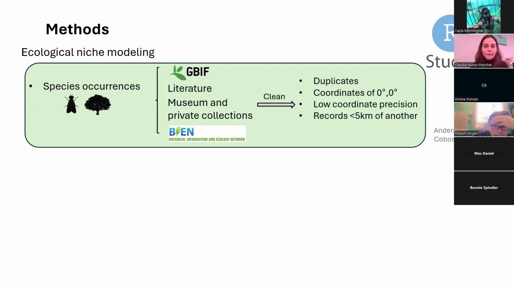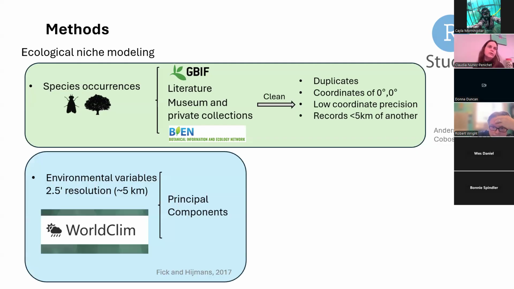Once we have those occurrence data, we also need environmental data in order to characterize those places where the species has already been reported. For that, we use environmental variables at 5 kilometers of resolution, and we compile all that information into principal components, in order to avoid environmental collinearity and correlation among the variables.